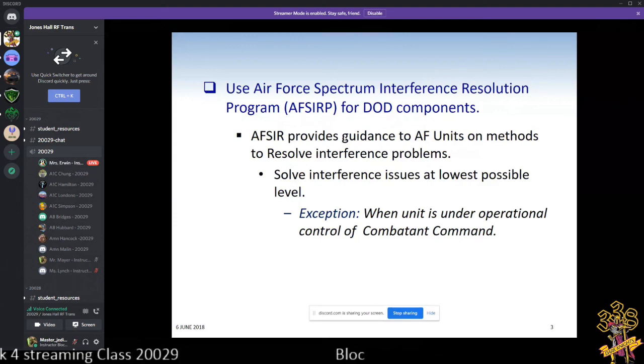Sometimes it's as simple as you look around and you can see your interference problem. Way back in time when I was just a wee airman, we went on a deployment out to Las Vegas. We had to set up two sites, one down in the desert and the other one up in the mountains.